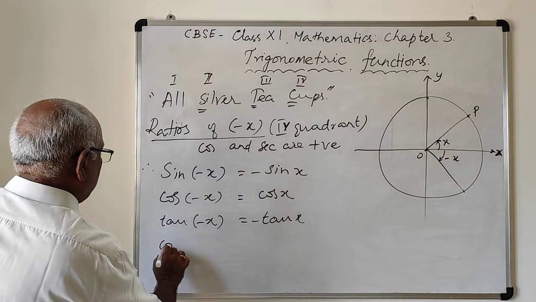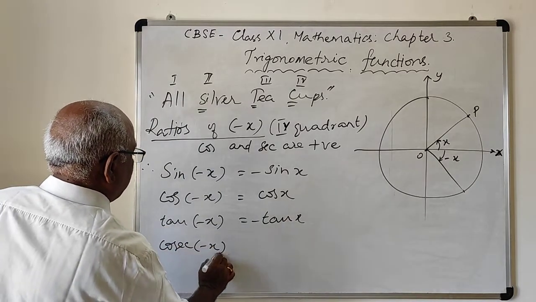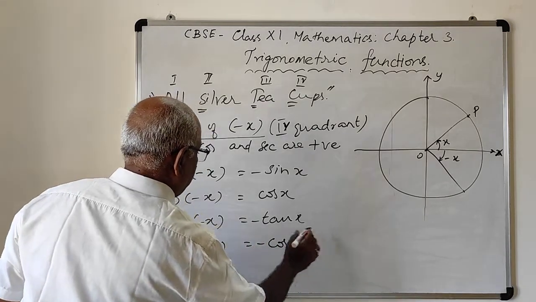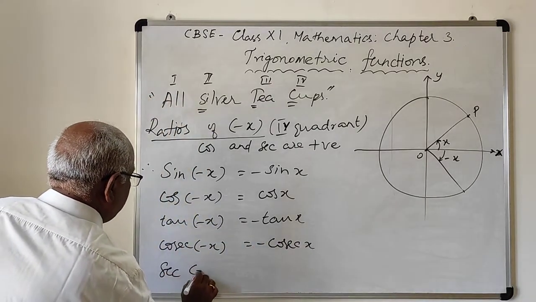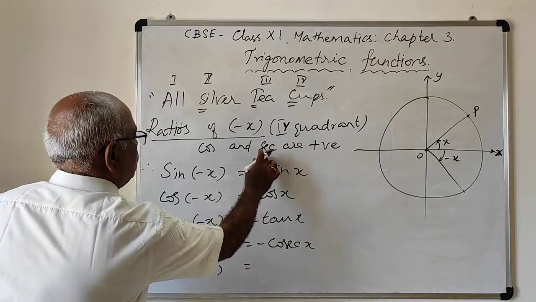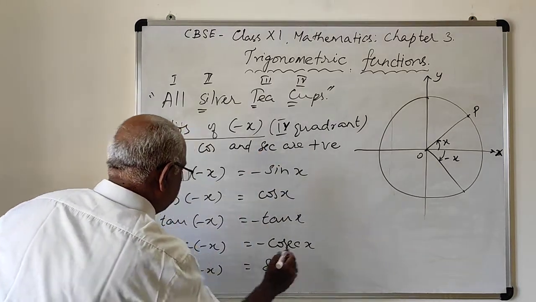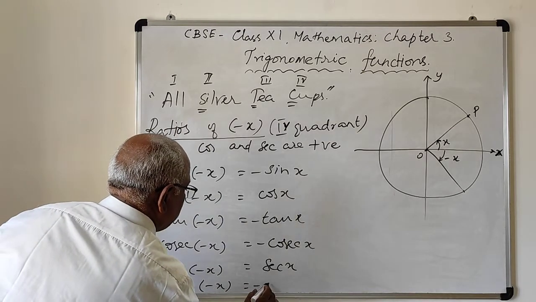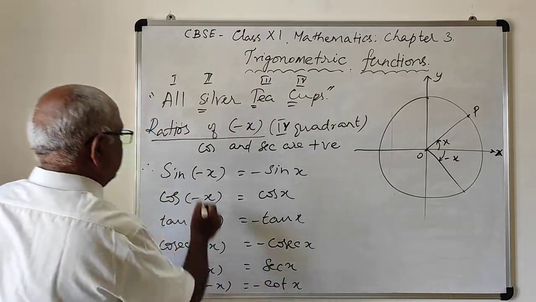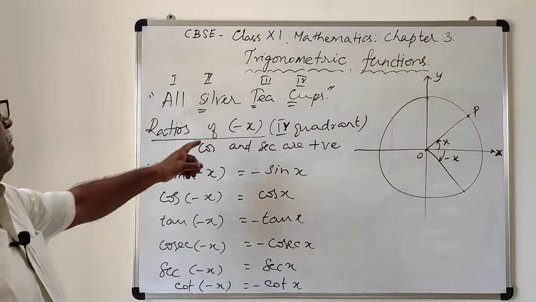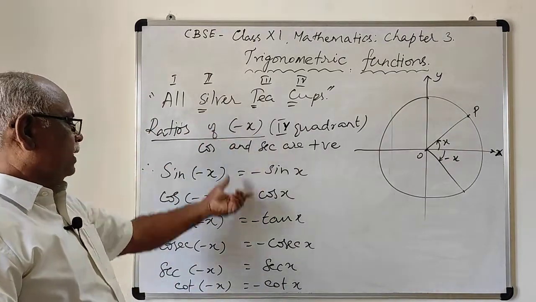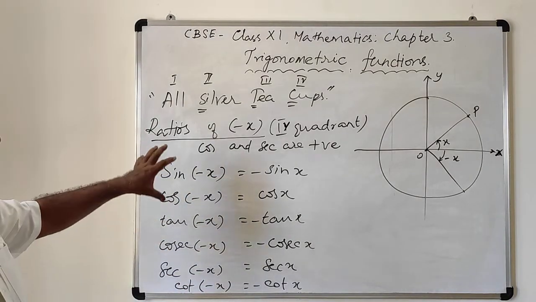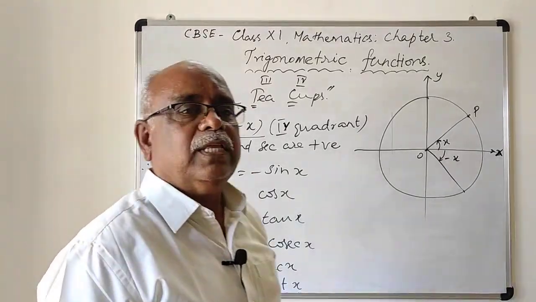Cosecant of minus x, cosecant is also negative, minus cosecant x. Secant of minus x, secant is positive in the fourth quadrant, therefore plus secant x. And cot of minus x, cot is negative, therefore minus cot x. These are the ratios of minus x. You remember this set of values, and these are very much used in solving problems.